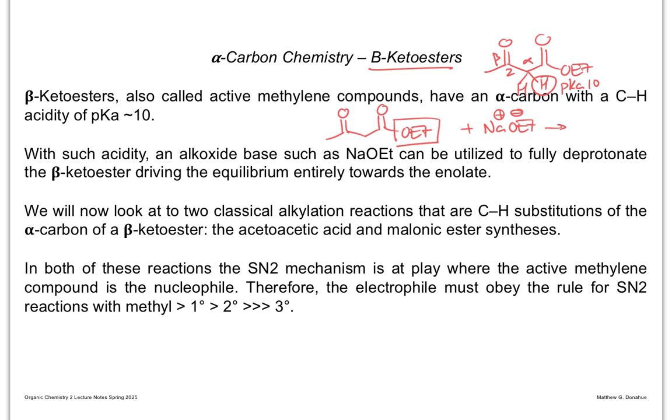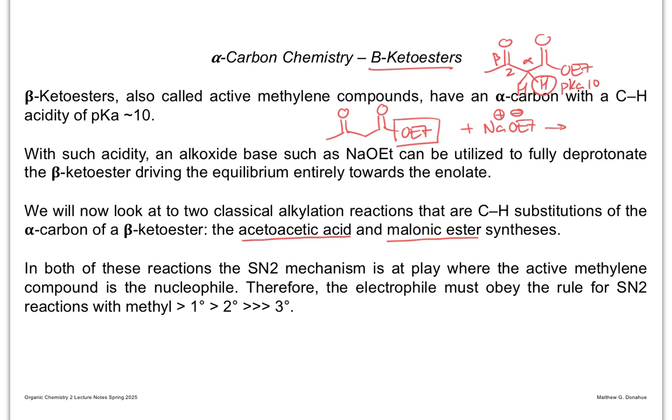So there's two different reactions that we'll look at to start with. One is called the acetoacetic ester synthesis, and the other is the malonic ester synthesis. The names here come from what you're starting with, not with what you're ending up with, so they can be a little bit misleading.